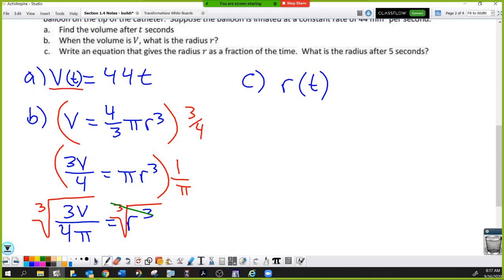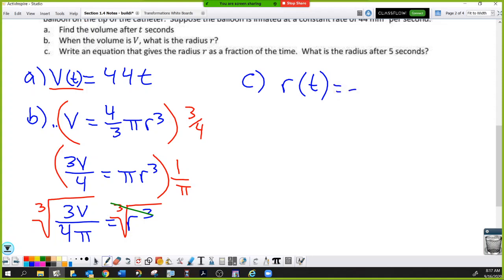In my volume equation that I used. So if I wanted a radius with respect to time function, then what I do is plug v of t into r, because now that'll generate the letter t in my radius function.